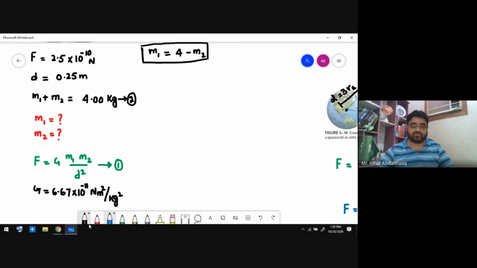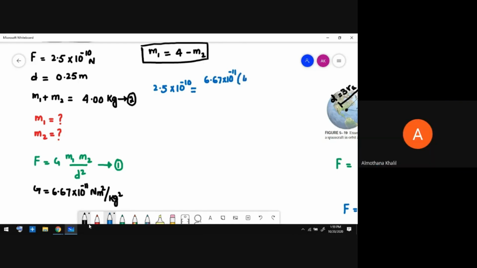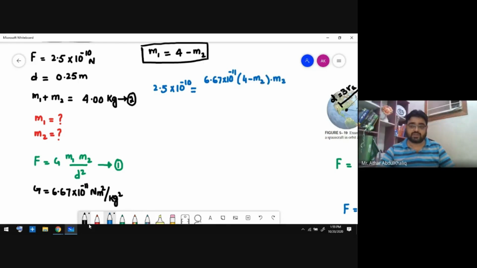First, start with F, which is given to us. So let me write with F: 2.5 times 10 to the power negative 10 equals G, which is 6.67 times 10 to the power negative 11, times M1, which is 4 minus M2, times M2, divided by the distance, 0.25 squared.